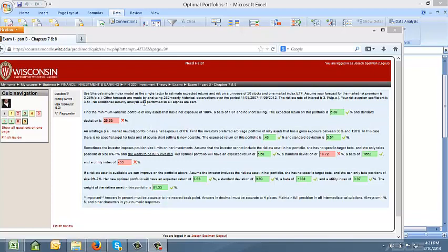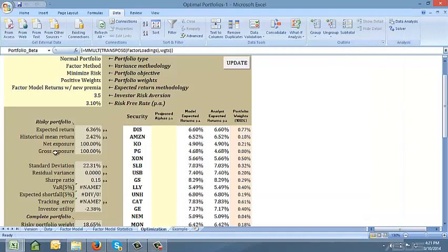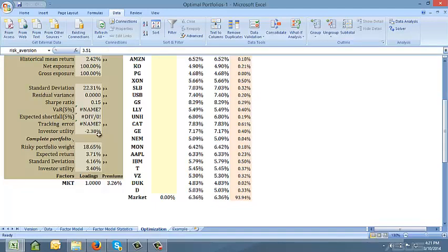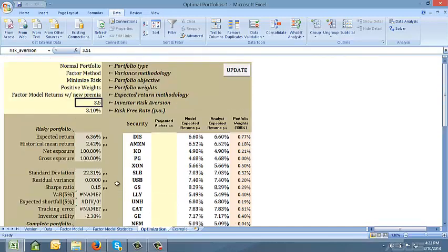First, I'm going to put in these criteria that they have. We have 3.51, that's right, 3.1% risk-free rate, and then premium of 3.26. For a minimum variance portfolio, we're going to have a normal portfolio for the first situation.